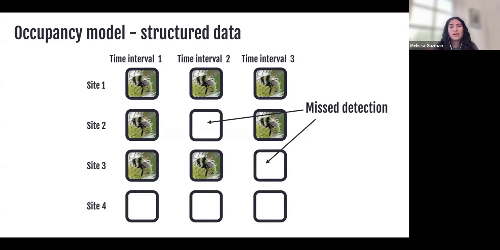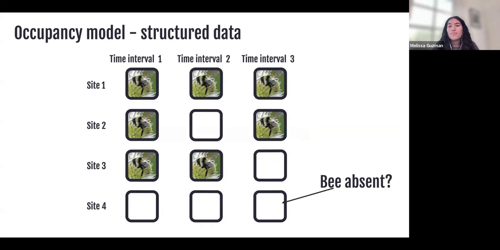So for example, here in my site number 2 and site number 3, I know that the species is there because we've observed it at different time points, but we have missed detections. Site number 4 is a little bit harder because it could be that the species is truly absent from that site.